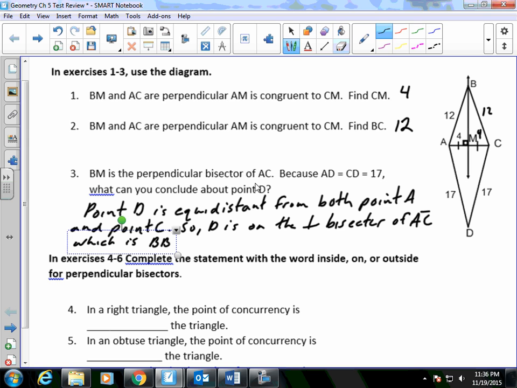I could write there, line BM, not BB. All right.